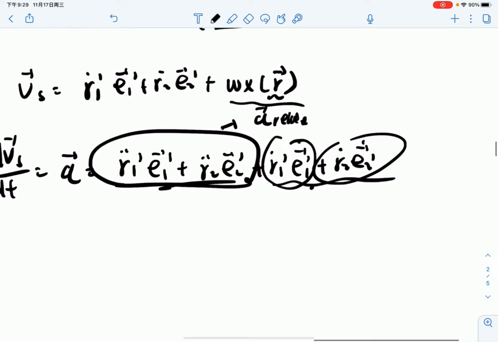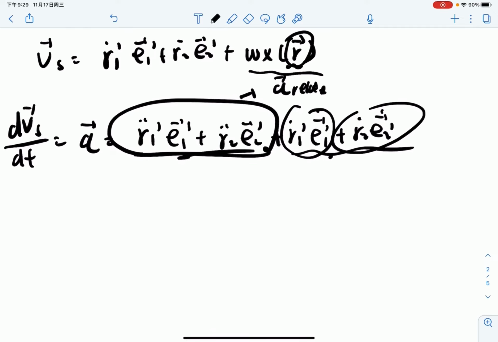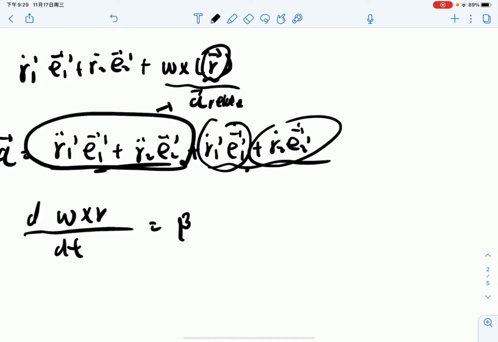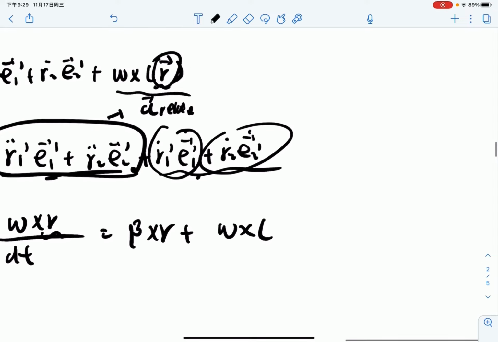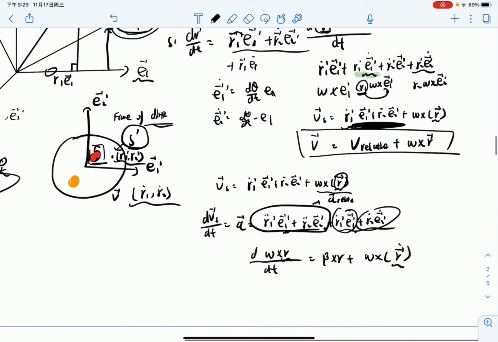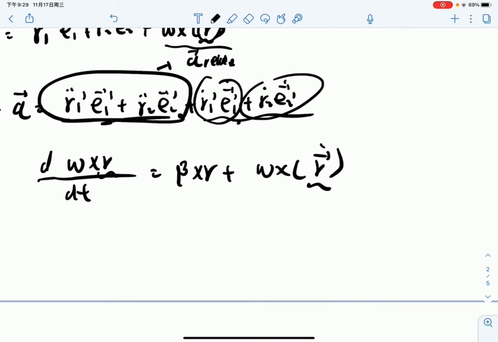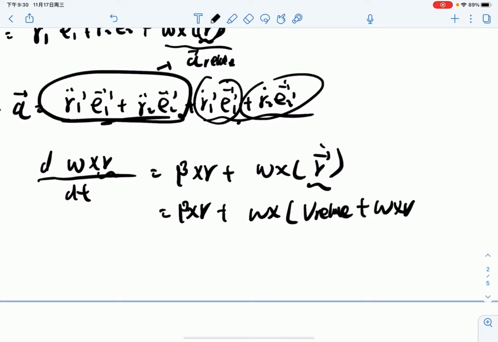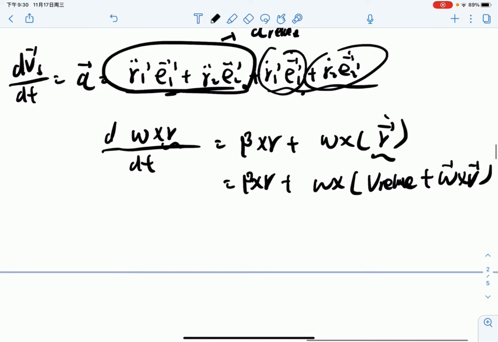So for this term, we need to expand this out. So we can get d(W cross R)/dt, which is equal to beta cross R, plus W cross R dot. And for this term, we just expand it out using this, which is equal to beta cross R plus W cross V relative plus W cross W cross R. And now it makes sense.